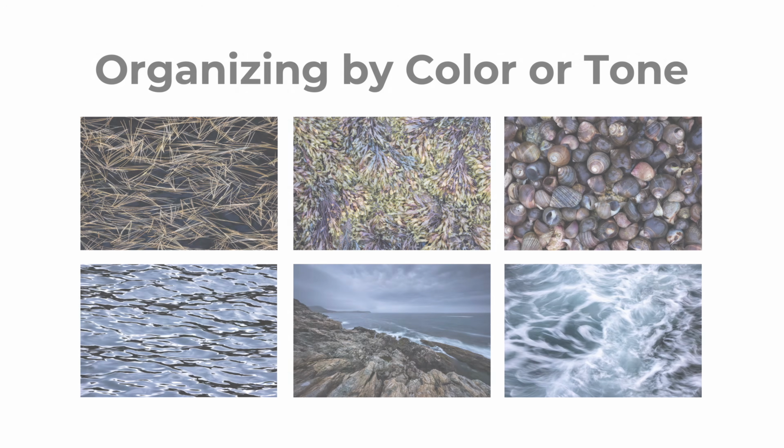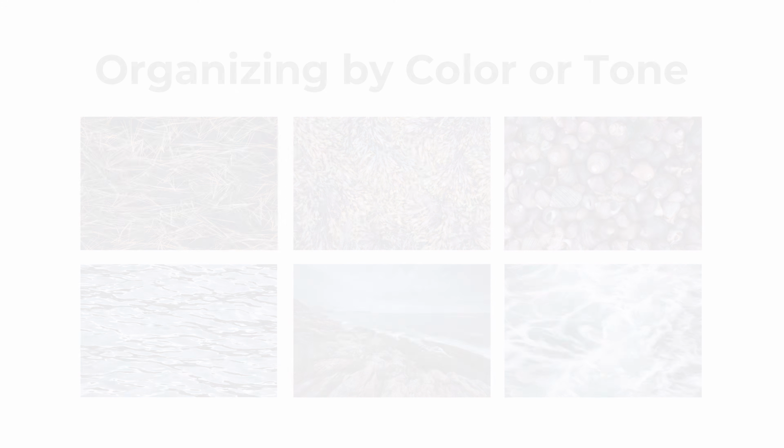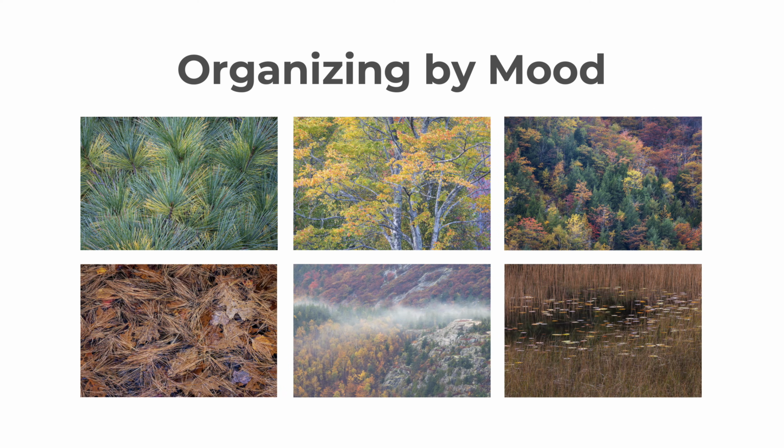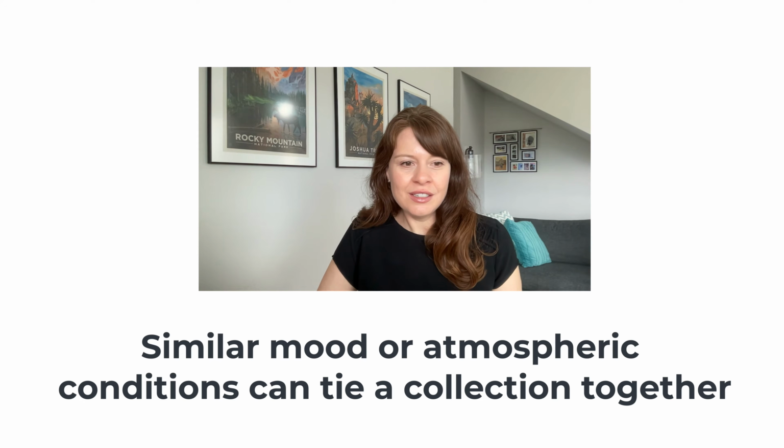I might also start organizing by color or tone. So here we have generally cooler colors and generally some darker tones. So putting photos that fit those criteria into a collection in Lightroom and then seeing how they work together. And then finally, organizing by mood. So in this example, these are all kind of quiet autumn photos, the light was soft and even, and there's a fairly consistent color palette.